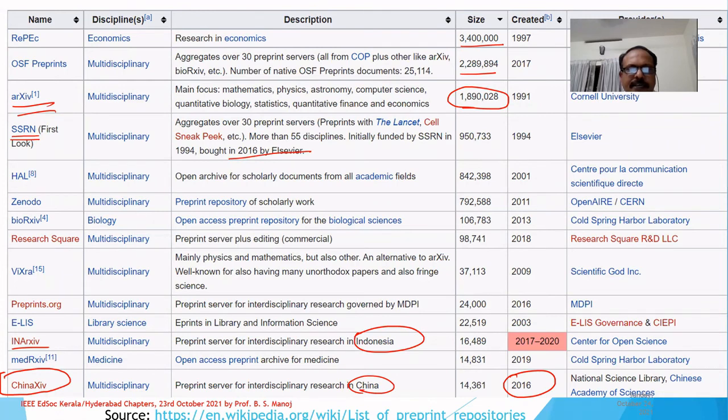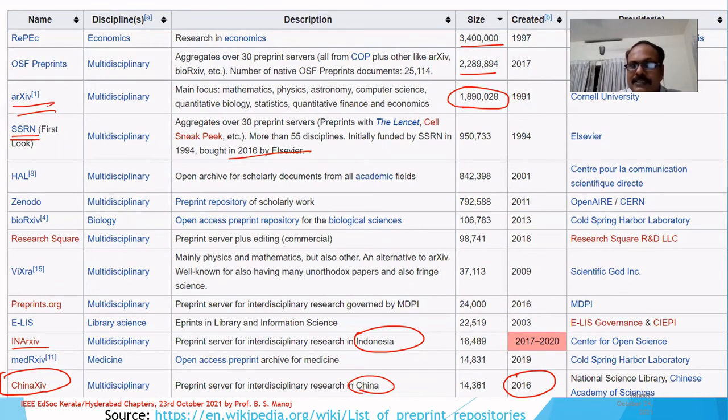The next question: how can we communicate a paper to arXiv? The most pioneering service, called arXiv, was actually started by Cornell University. They have certain restrictions. Only if you are nominated by somebody who is already a member of arXiv can you post a paper.